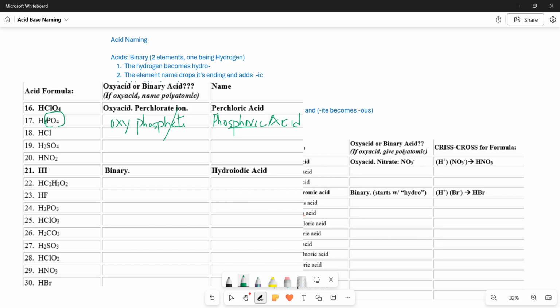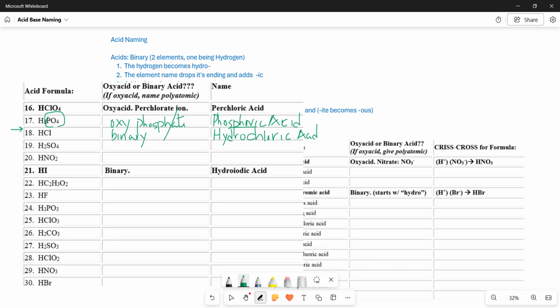If we look at 18, we can see it's binary. We have a hydrogen with a chlorine. The chlorine, we're going to drop the ide ending or ine ending, and we're going to add ic. And we need to name the hydrogen. So it becomes hydro for the hydrogen, and then chloric instead of chloride or chlorine, and then acid.